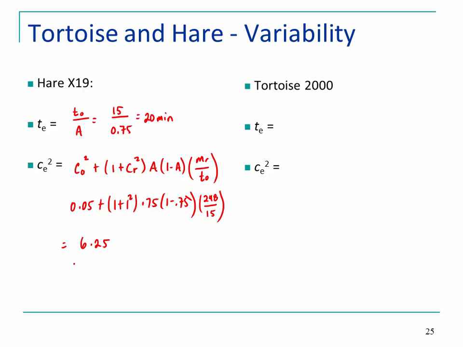If we perform the same analysis for the second machine, then we have T0 divided by A, which is the same, 15 divided by 0.75. This is 20 minutes.